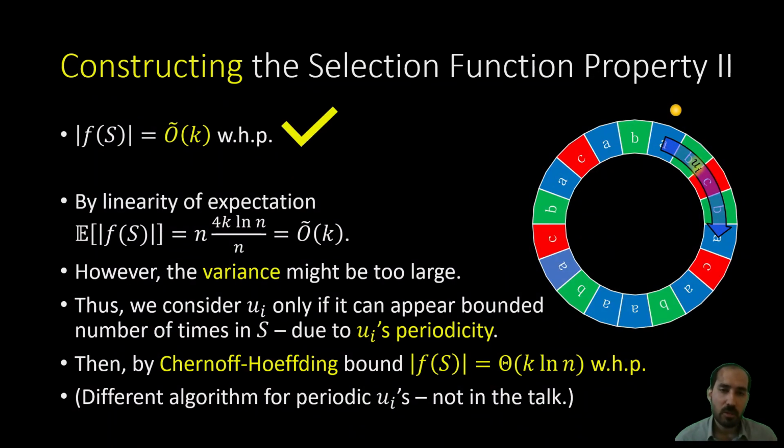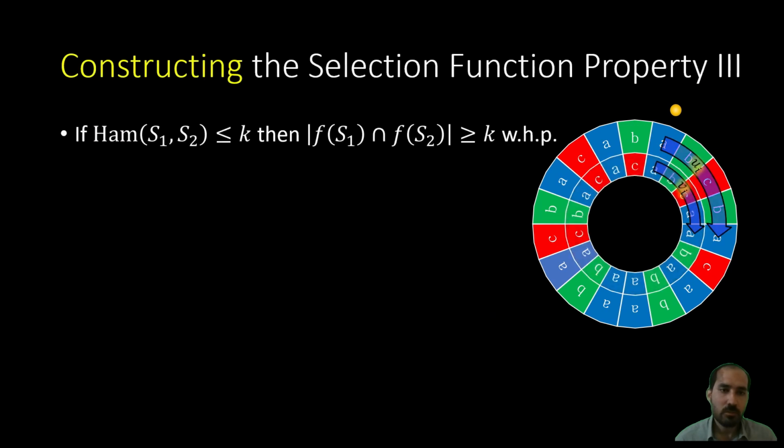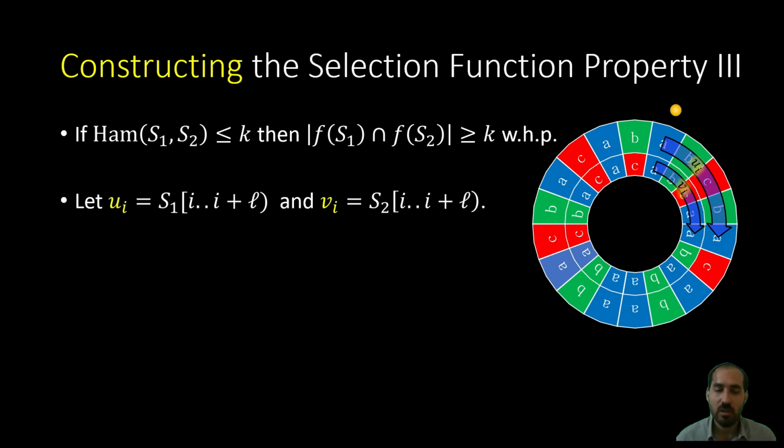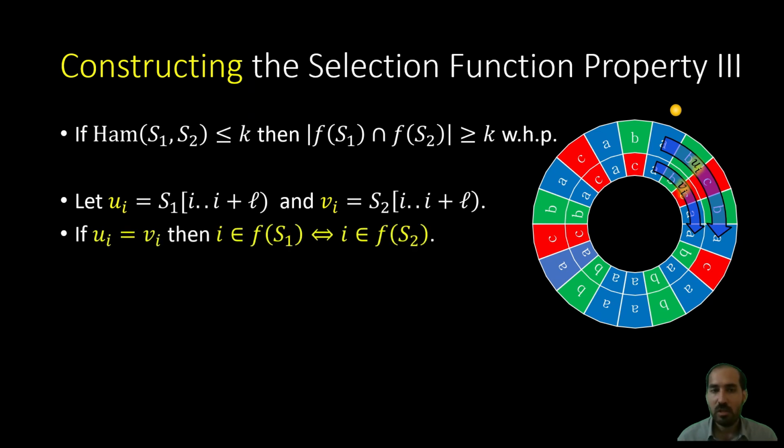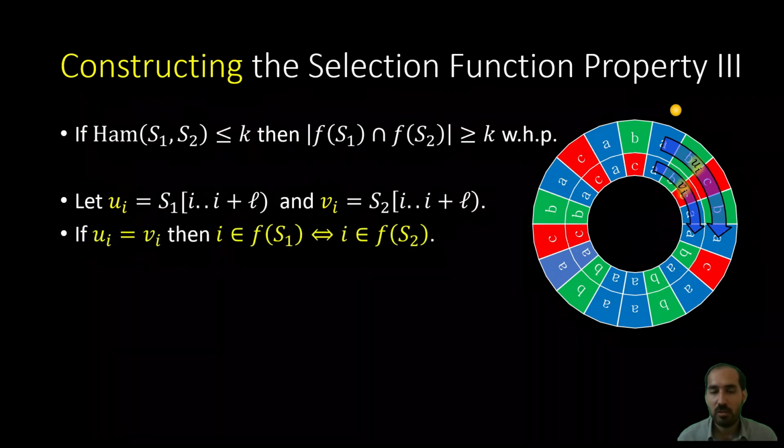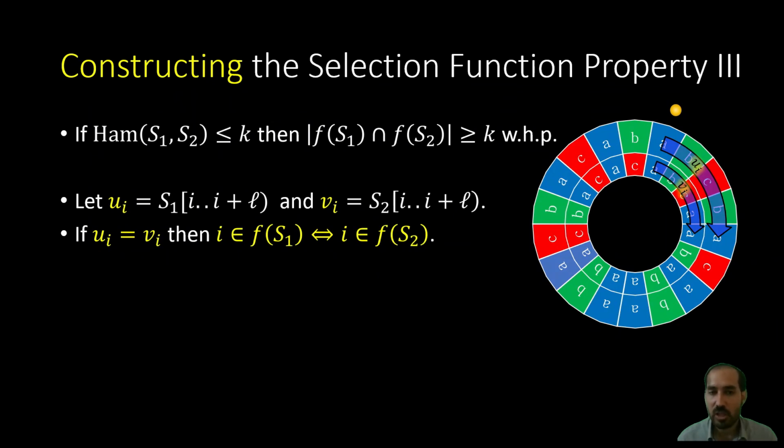For the last property, the third property, notice that if we are given two strings, S1 and S2, that are close to each other, they have distance at most k, then we can define u_i to be the substring of S1 starting at position i of length L, and v_i to be the corresponding substring at position i in S2.